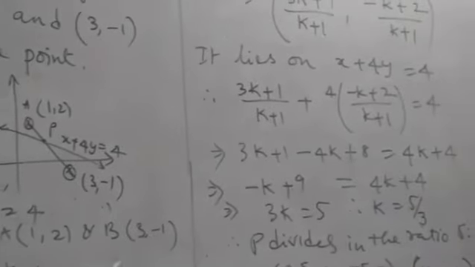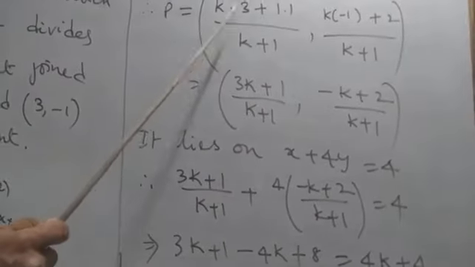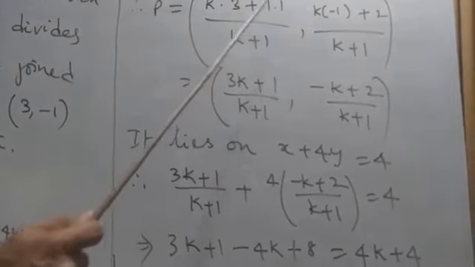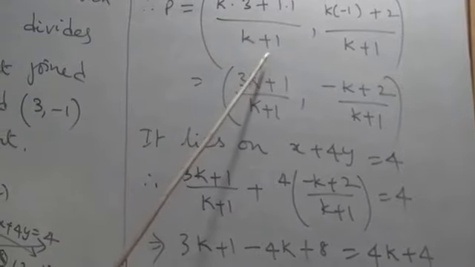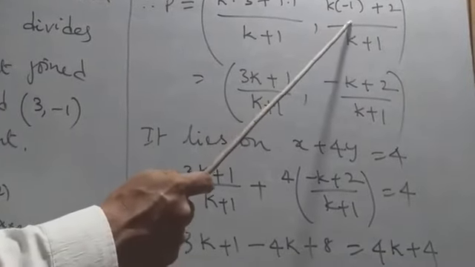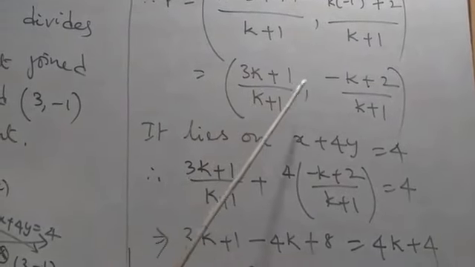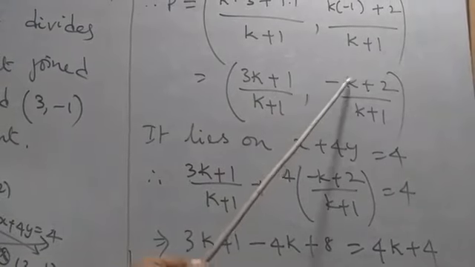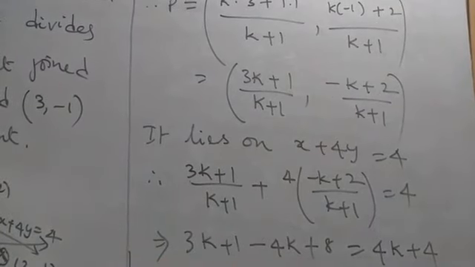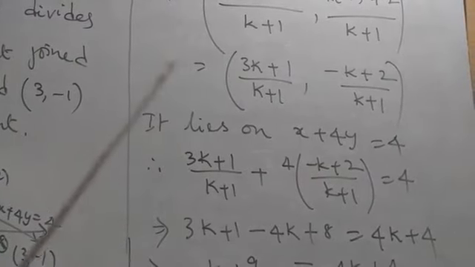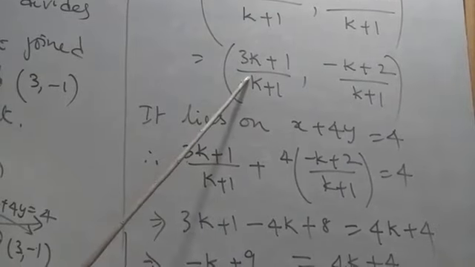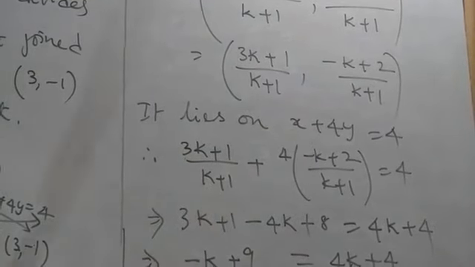Therefore, P is equal to (k into 3 plus 1 into 1)/(k plus 1), (k into -1 plus 2)/(k plus 1), that equals (3k plus 1)/(k plus 1), (-k plus 2)/(k plus 1). So we know that P lies on the line x plus 4y equals 4.